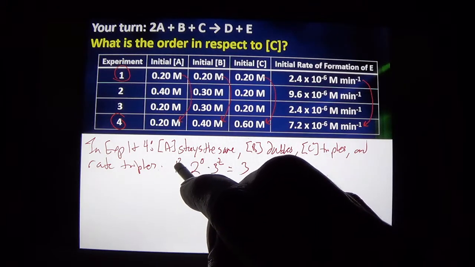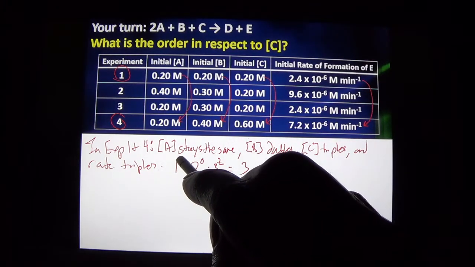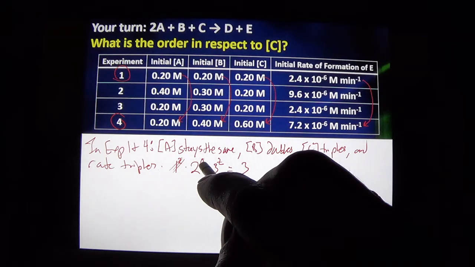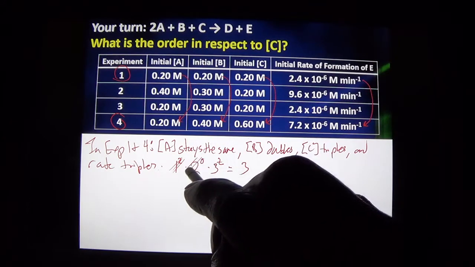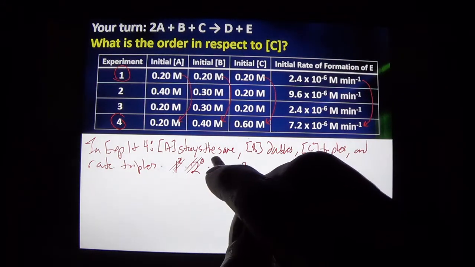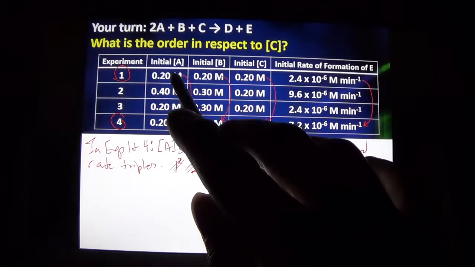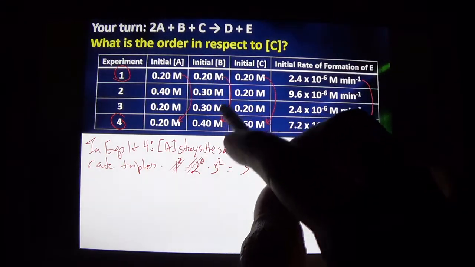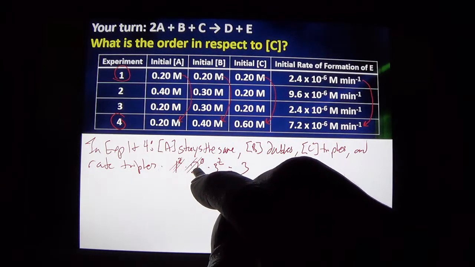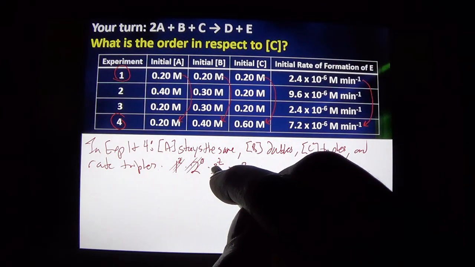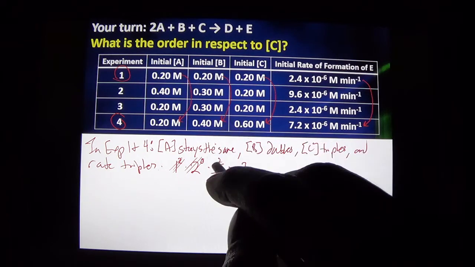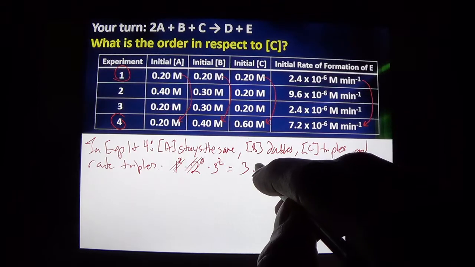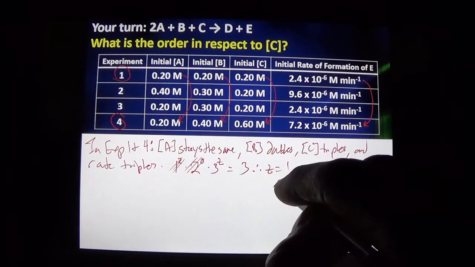So anything, no matter what the exponent, 1 to any power is still 1, so that just disappears. Anything to the 0 is a 1, so that disappears too. So even though we could not isolate A and B staying the same and only change C, once I knew B, I was able to still just use that in my equation, and I'm okay with that. It works. And now we ask, what can Z be to make 3 equal to 3? And we say, therefore, Z equals 1.